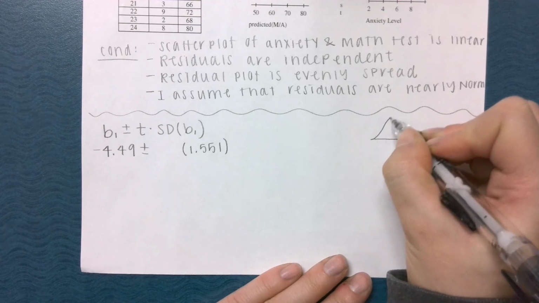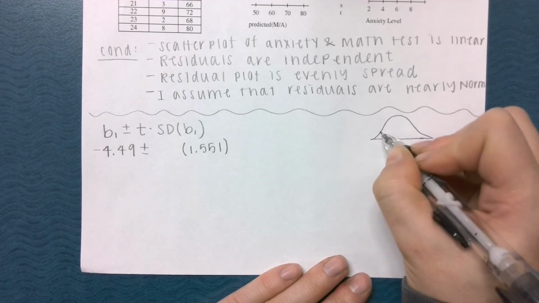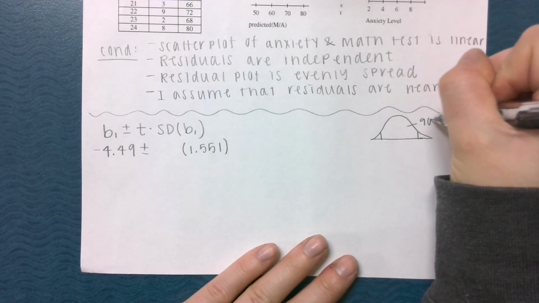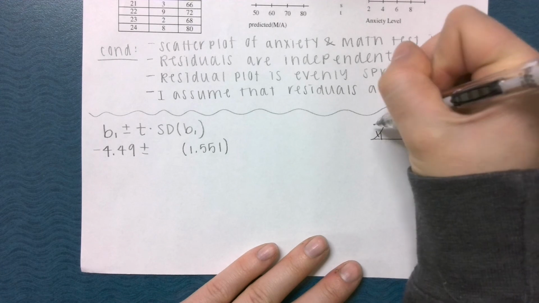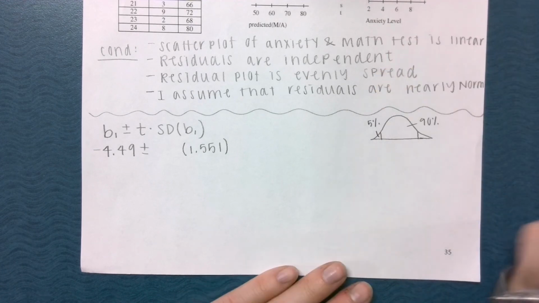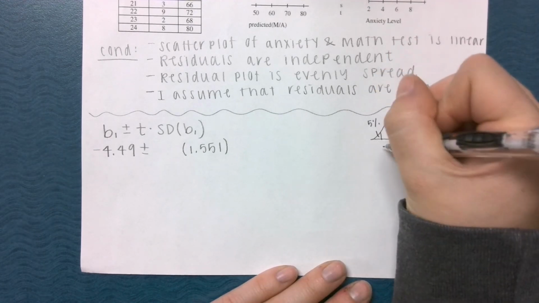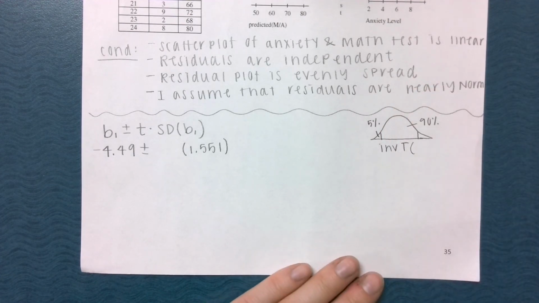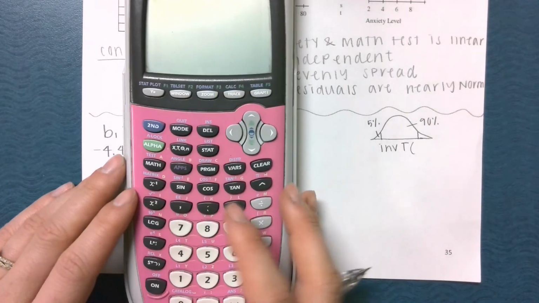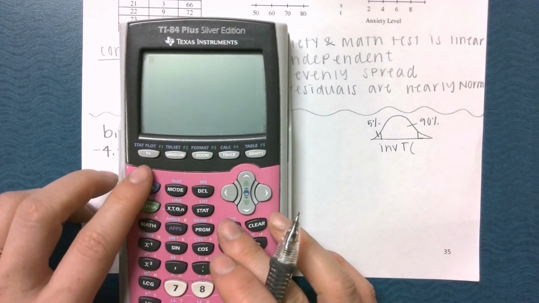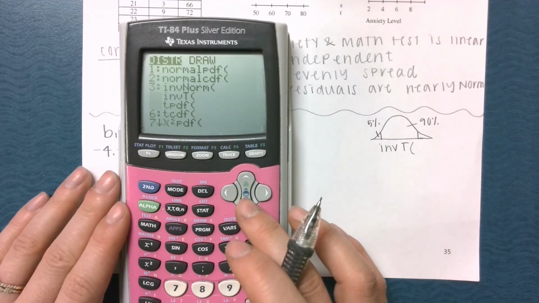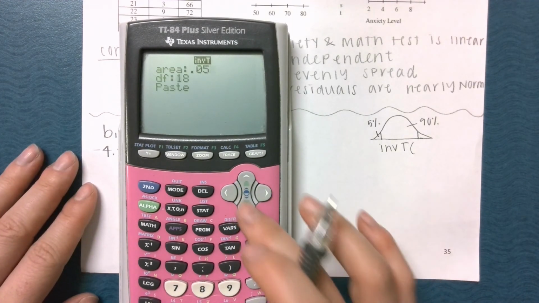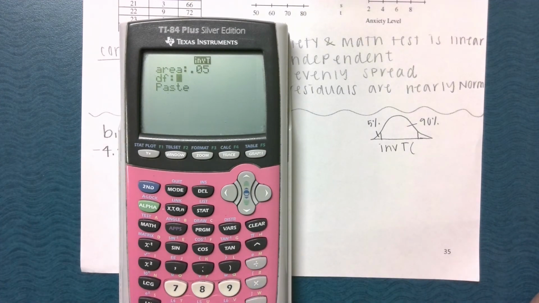Okay, off to the side, I'm going to draw my little t-model here. I'm looking for 90% confidence, which means there's 10% left, so 5% on each tail. I'm going to use inverse t here to find that t-score. To get inverse t, we're pressing second bars. The area is 0.05, and degrees of freedom can be a little tricky to find.